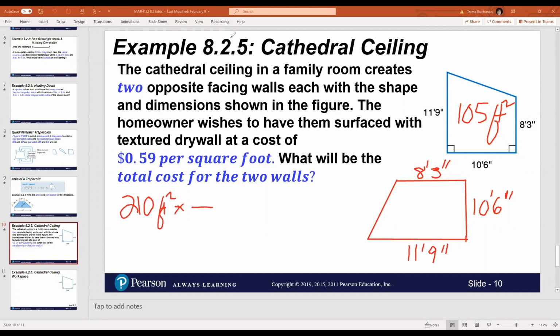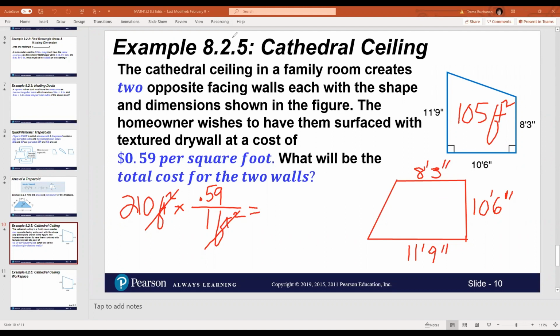times what? Well, again, unit multiplier is a useful way to make sure I'm keeping things straight. 59 cents per square foot is that unit multiplier. 59 cents and 1 foot squared are, so to speak, the same quantity or equal. And I'm canceling my feet squared. I don't have any kind of ambiguity about whether I would multiply or divide.